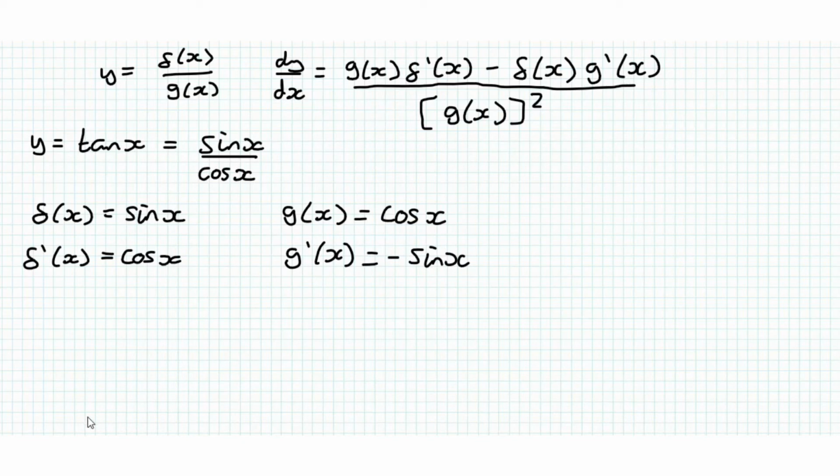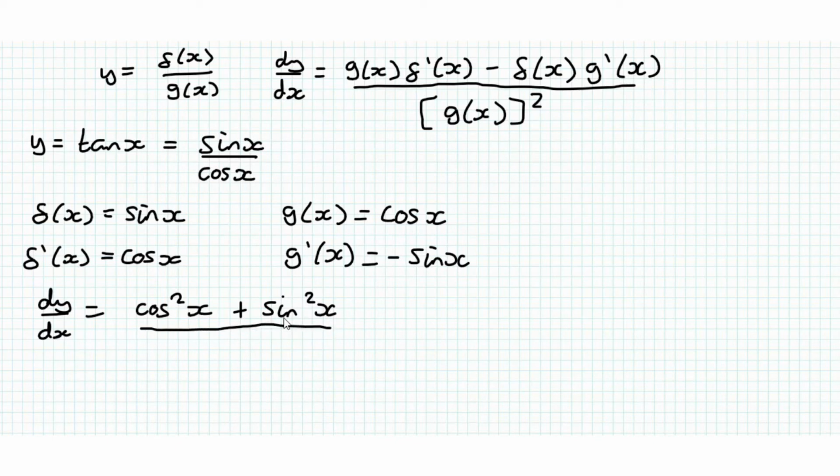Now we substitute that in up here, so we get dy by dx is equal to g of x multiplied by f dash of x, so that is cos squared x, and then we get f of x, sine x, multiplied by minus sine x, that's minus sine squared x, and we're subtracting that, so that's plus sine squared x, and this is all over g of x squared.